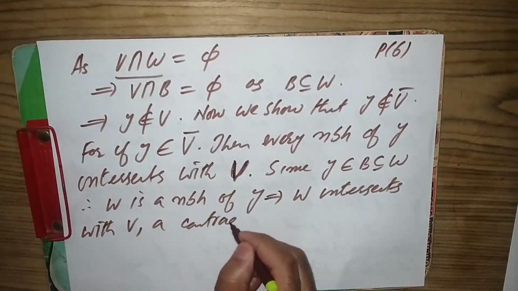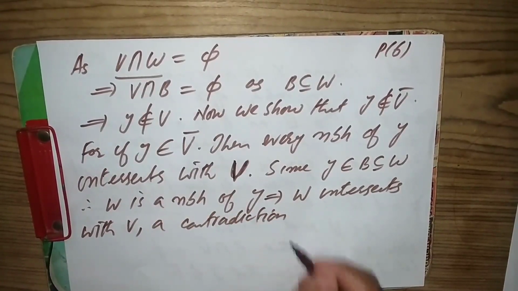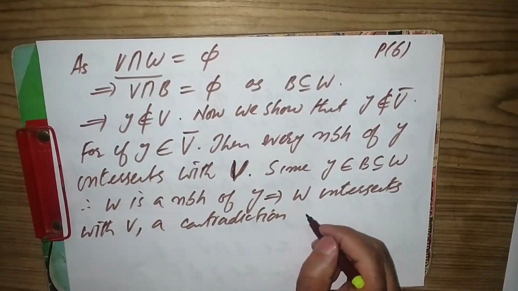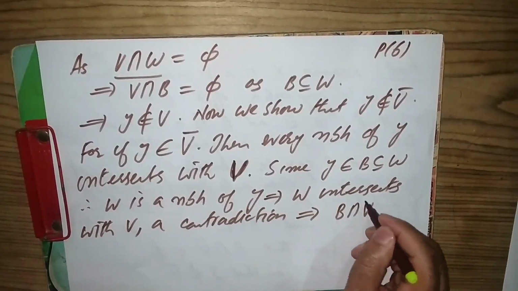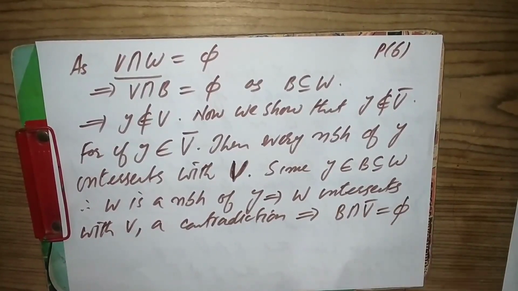So it implies that B intersection V closure is the empty set.